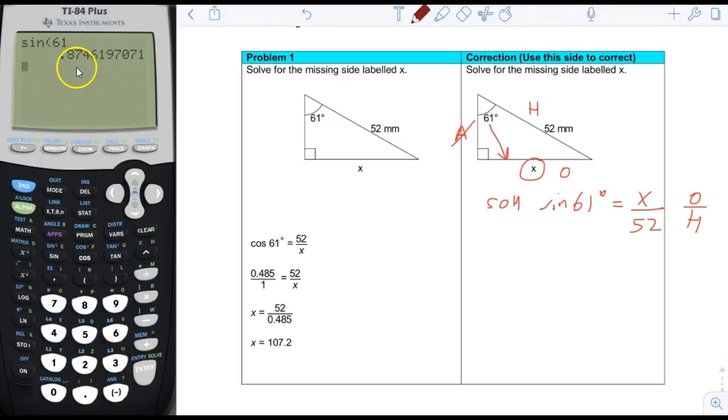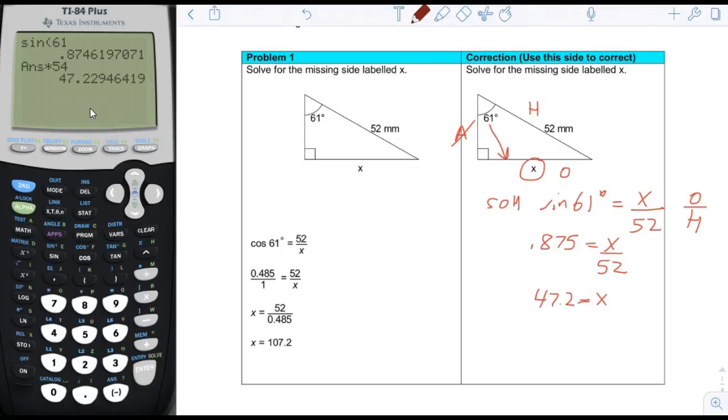That gives me 0.875. Usually it's customary to keep the first three digits of sine, cosine, tangent. Then I'm going to multiply both sides by 52 to get x by itself. So 0.875 times 52 is equal to 47.2.